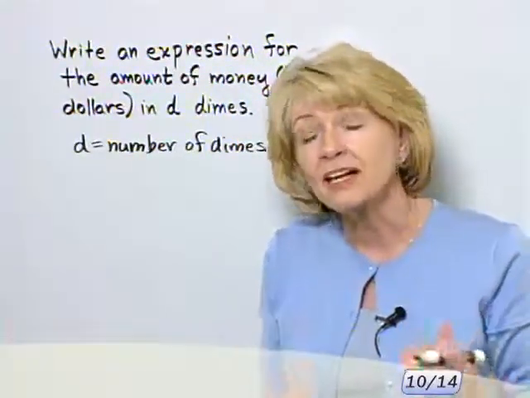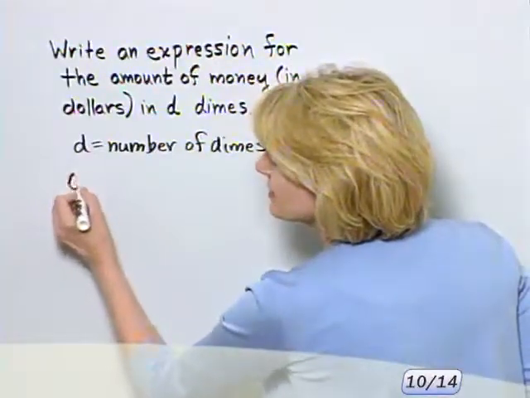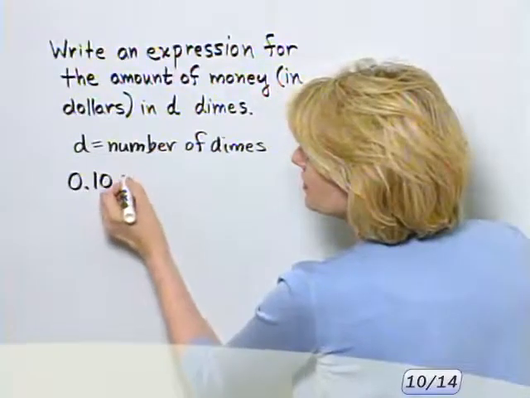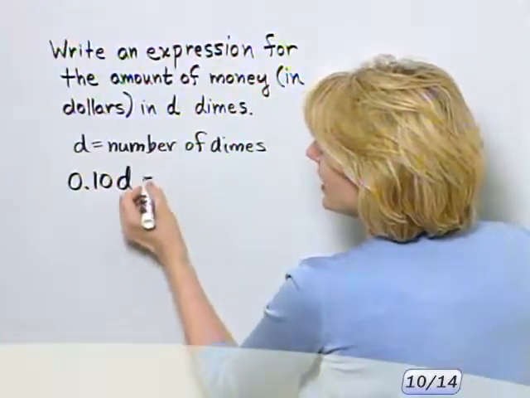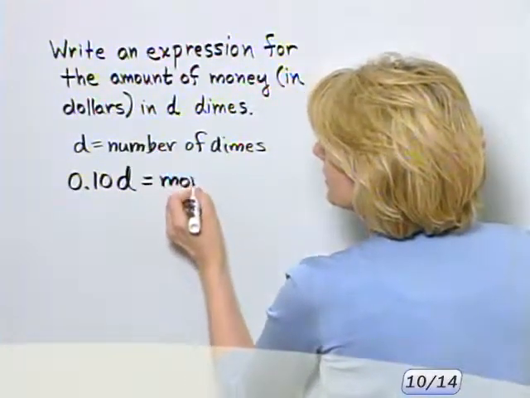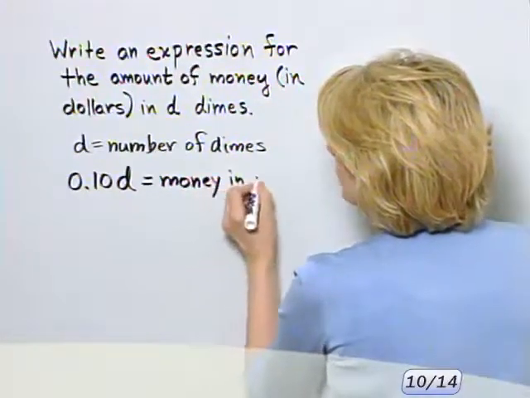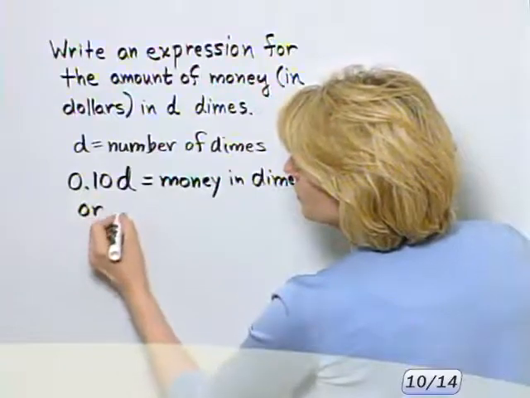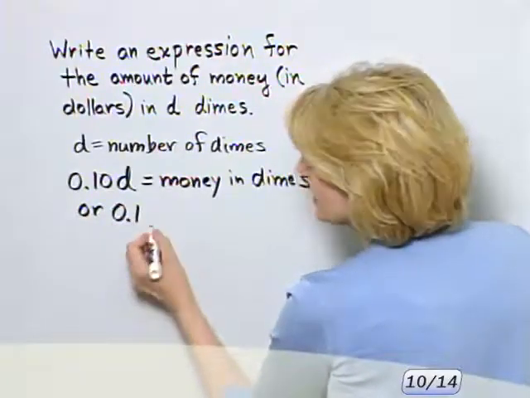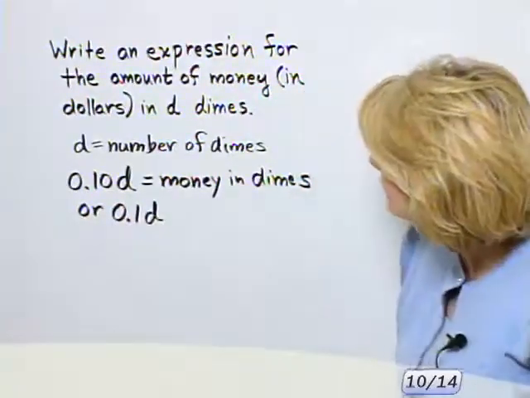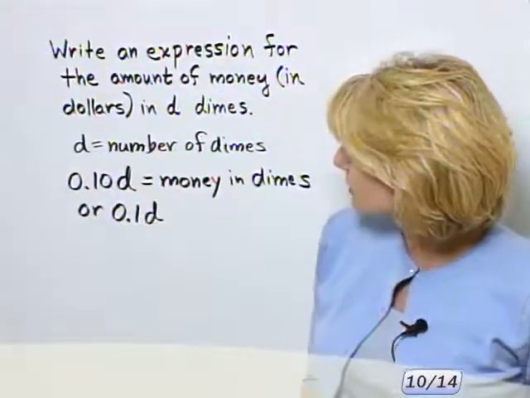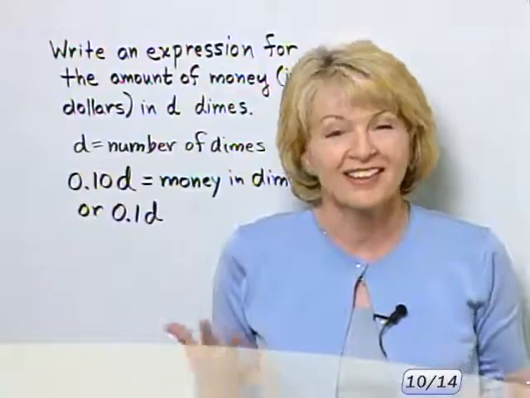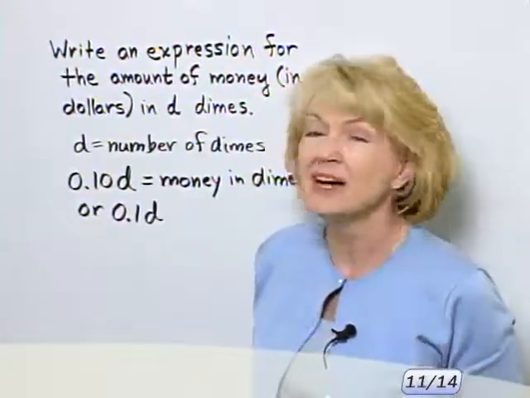The amount of money we have in dimes is 10 hundredths times D, you can write it as 10 hundredths if you want. That is the money in dimes. And you can write it if you want, or 1/10 D. So this expression or this expression gives us the money in dimes. Keep that in mind when working with money.